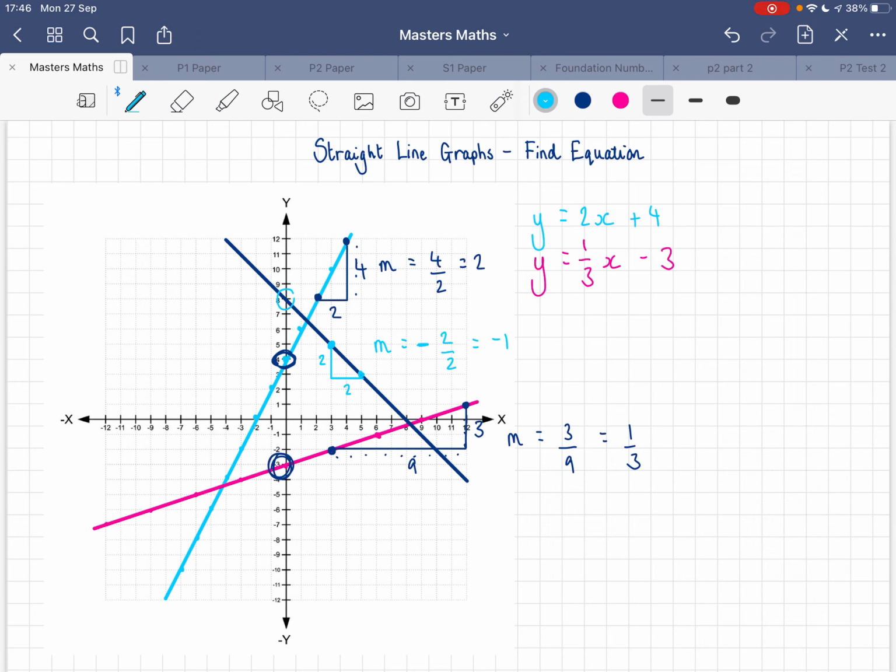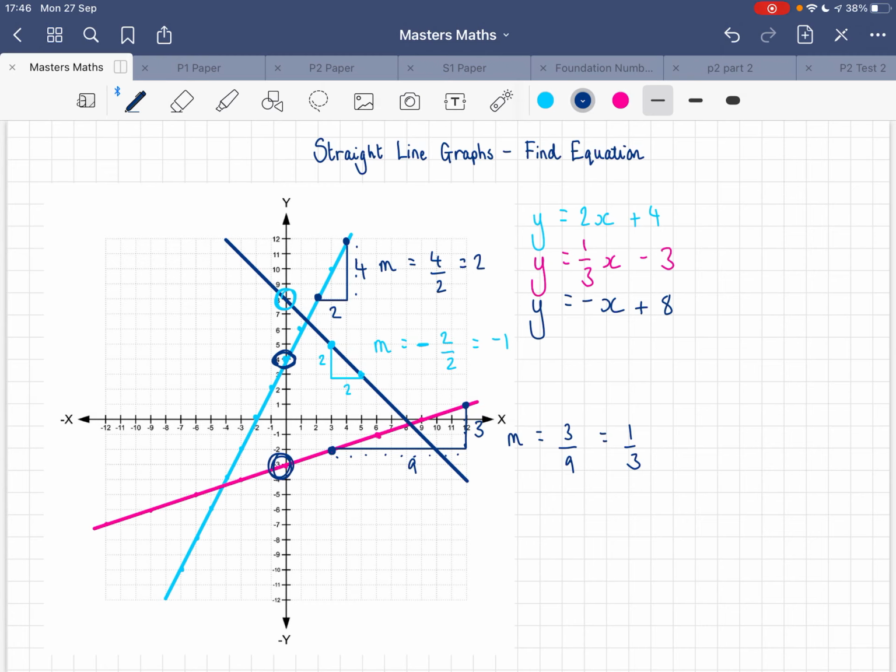It is crossing the y-axis up here at 8. So the equation of the line is y equals minus x. I don't need to write the 1. I could. If you write minus 1x, that's still correct. We just don't need the 1. So minus x plus 8, because that's where it's crossing the y-axis.